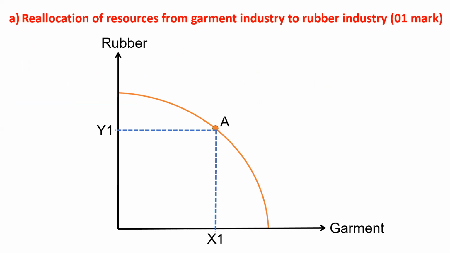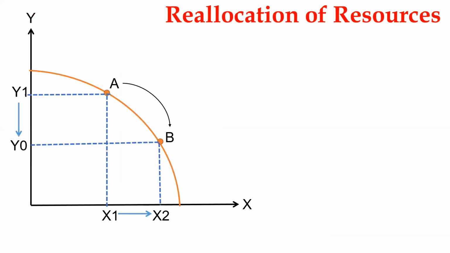Question A, reallocation of resources from garment to rubber industry. Right? What is the reallocation of resources? I'll show you the idea. Here, when you are moving from A to B, what happens? Y production decreases and X production increases.